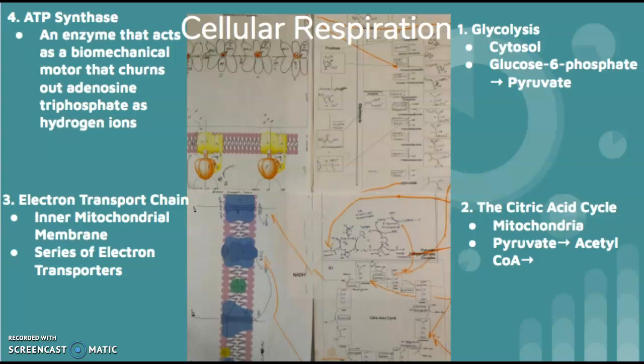Pyruvate will react in the pyruvate dehydrogenase complex, again using ATP and NAD+ molecules and specific enzymes to get the 2-carbon acetyl-CoA, 2 molecules of which will be sent into the citric acid cycle, reacting with oxaloacetate from yet another metabolic pathway to form citrate.